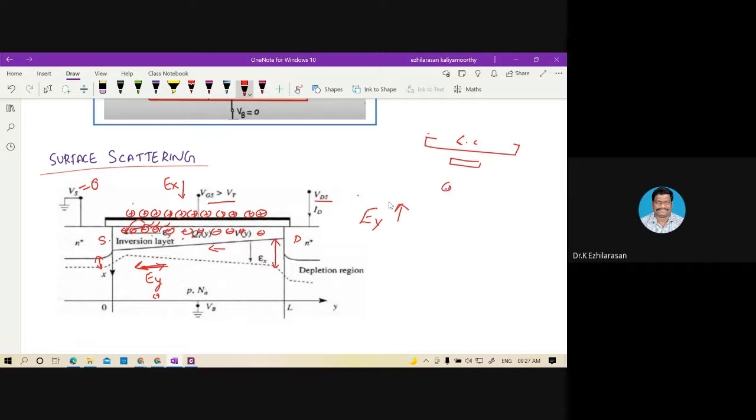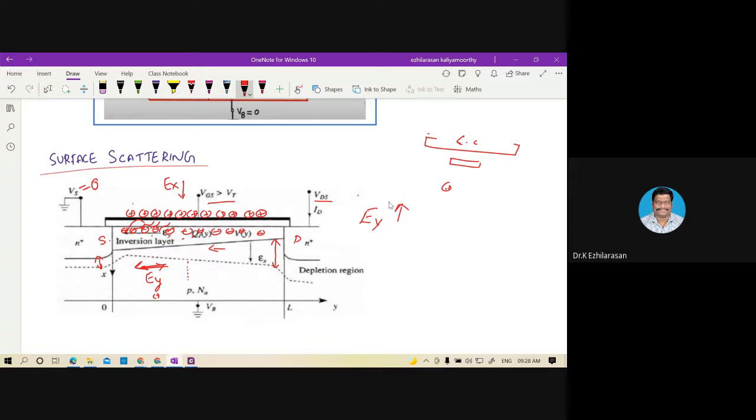So when they are scattered from the surface, the collisions are suffered by the electrons that are accelerated towards the interface by EX, that is this one. Slowly they get scattered, so that reduces the mobility. The electrons will move with great difficulty parallel to the interface, in this EX vertical field.